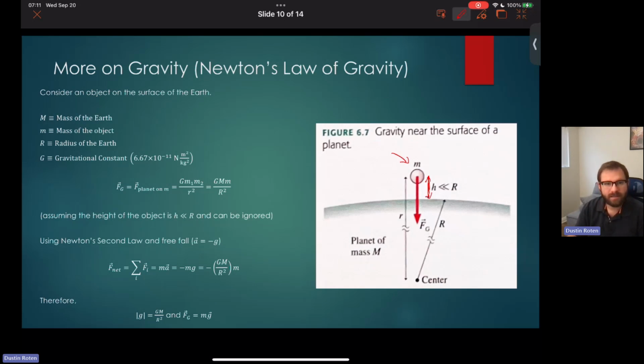We have the mass of the Earth, which is big M. We have the mass of the object, which is little m. We have the radius of the Earth. And there's also Newton's gravitational constant, which is just a number. You can think of it as a scaling factor. We can put all these pieces together and actually calculate the force due to gravity on this object.